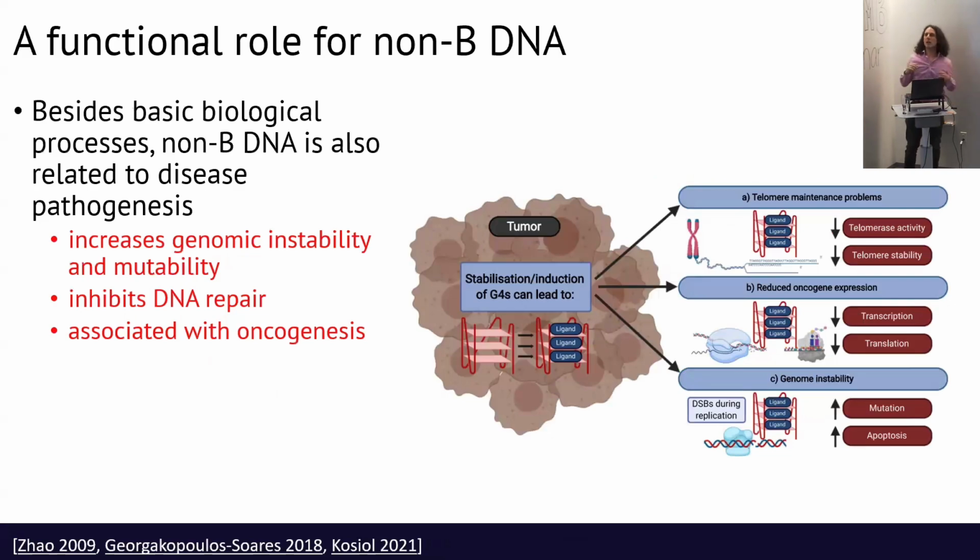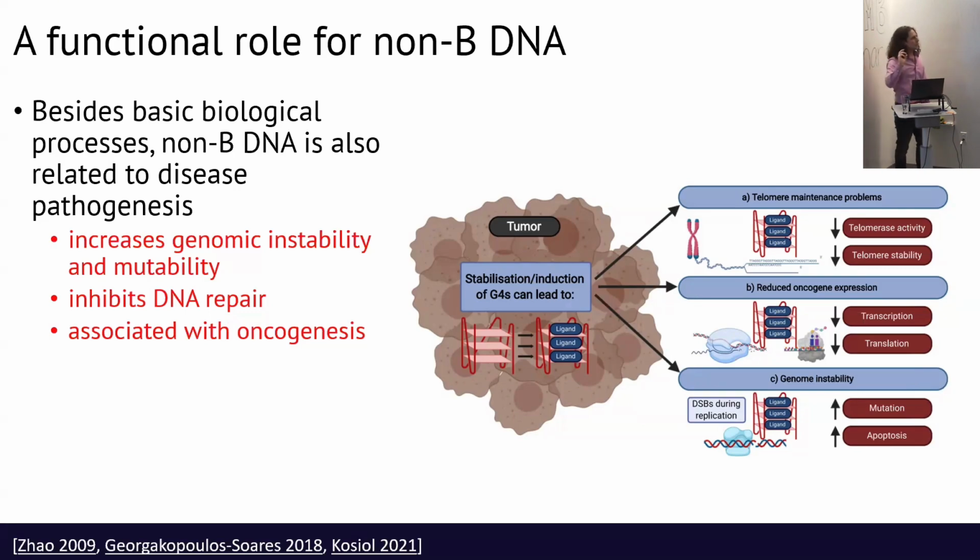If non-B is associated with basic biological processes, then it might also be associated with phenotypic processes. Here I'm showing an example specific to G quadruplex. Stabilization and induction of G quadruplexes seem to play a role in cancer-related pathology. They are associated with telomere maintenance problems and reduced oncogene expression.